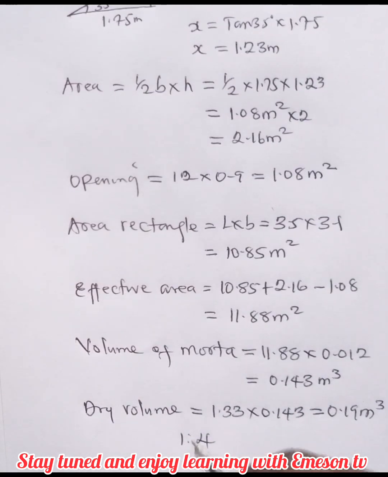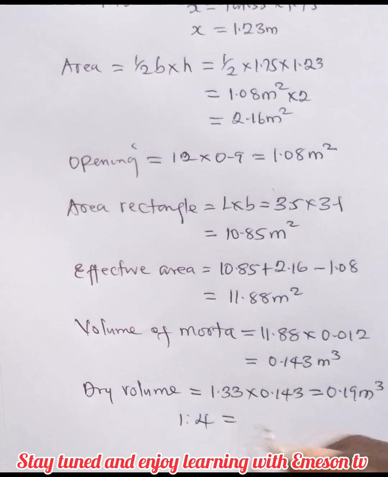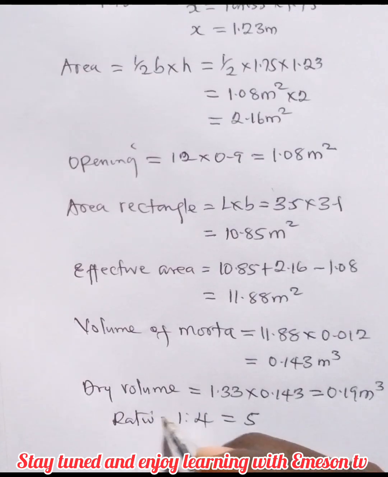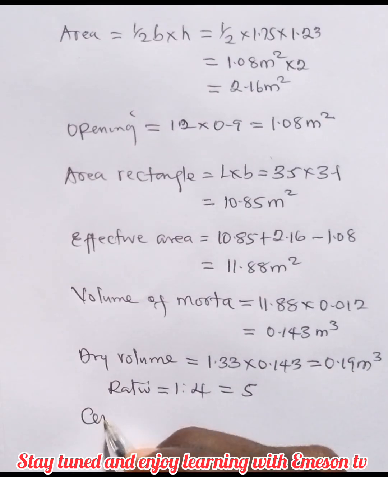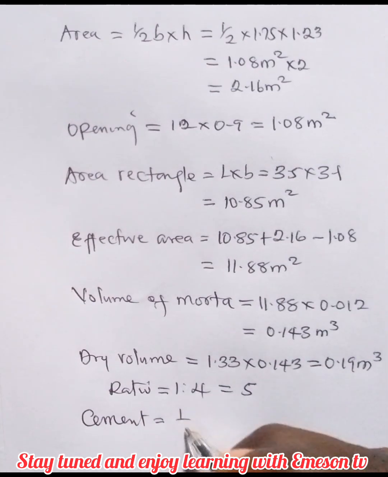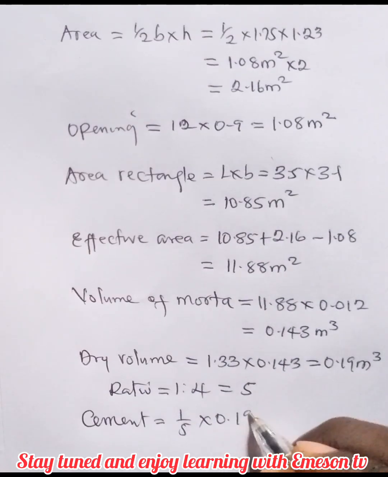So with this, we can as well calculate for the cement and sand. So this is the ratio. This one is for cement, this is for sand. So for cement, the total ratio becomes 5. So for cement, we have 1 over 5 multiplied by the volume, which is 0.19.